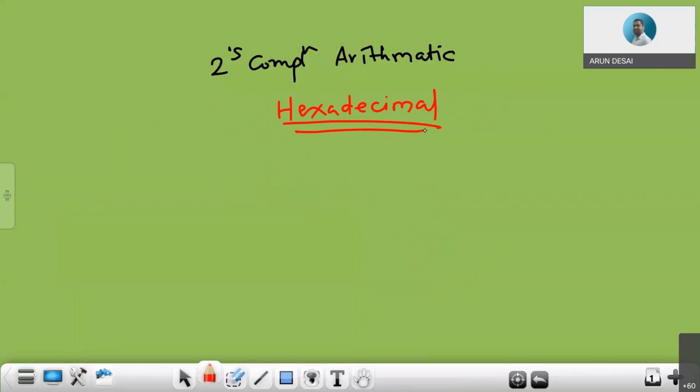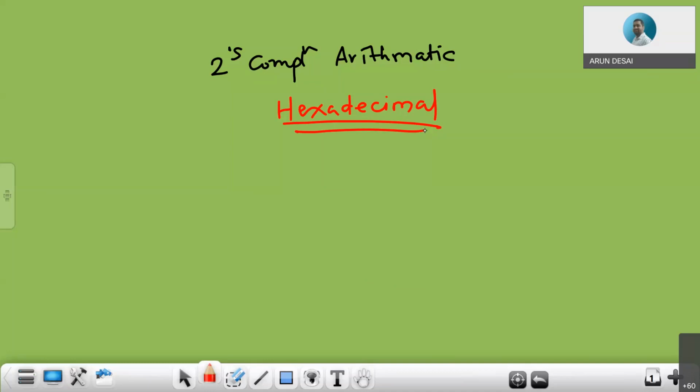How many symbols are there in the hexadecimal number system? Yes, 16. So keep in mind that a total of 16 symbols are there.